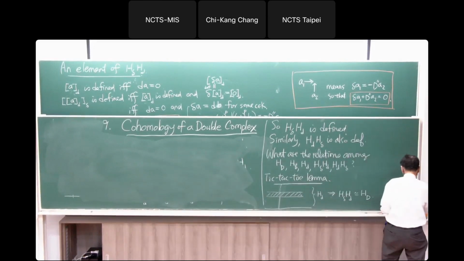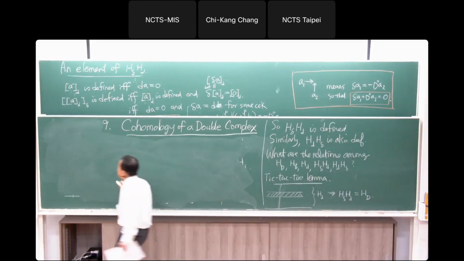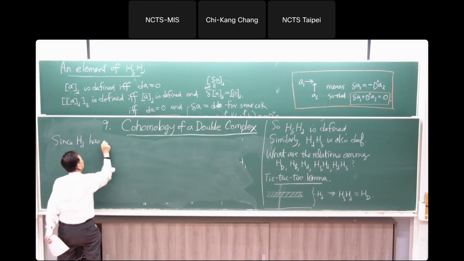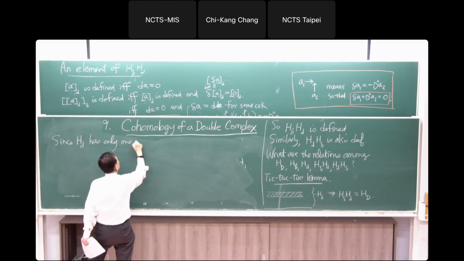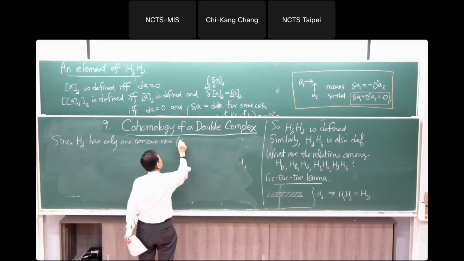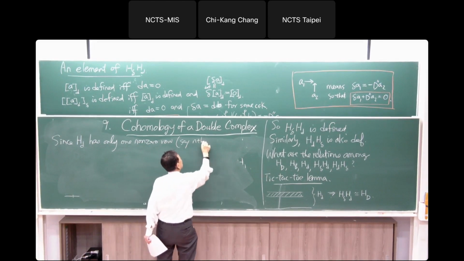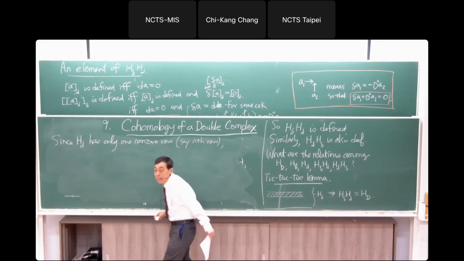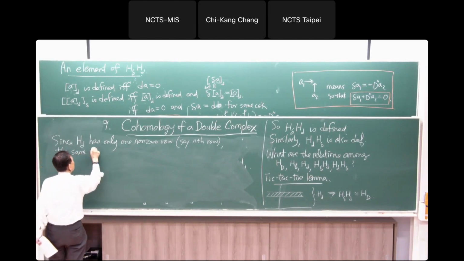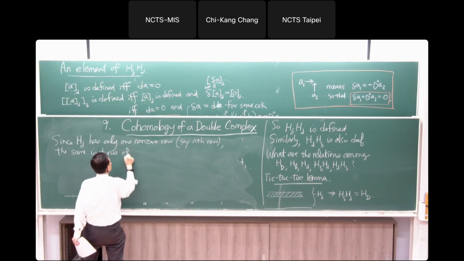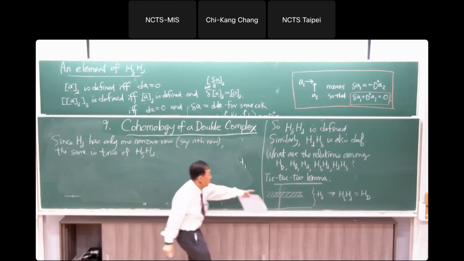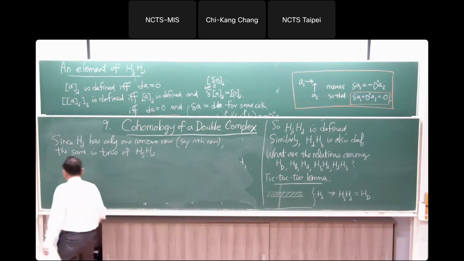So since HD has only one non-zero row, say the nth row, the same is true of H delta HD. Okay?